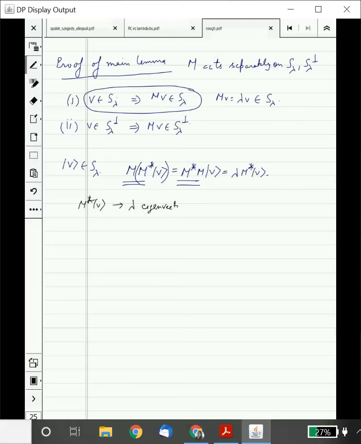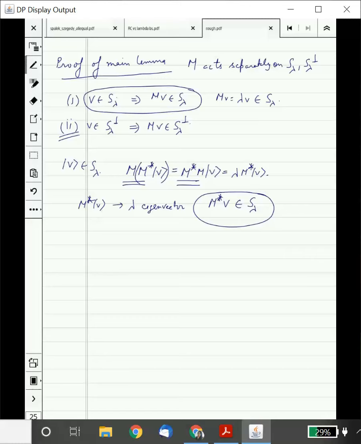Not just M, but even M star keeps S lambda in S lambda. I made a mistake. What I want to say is that M star V is a lambda eigenvector, so it has to be in S lambda.